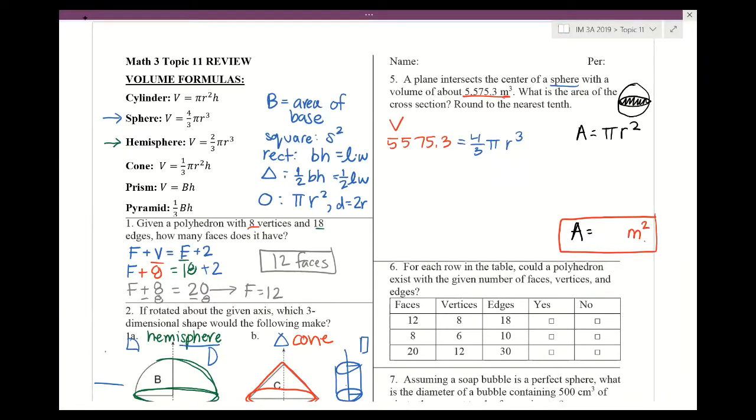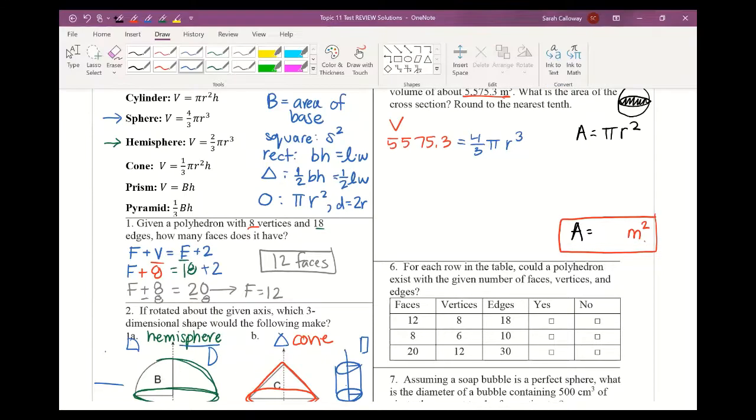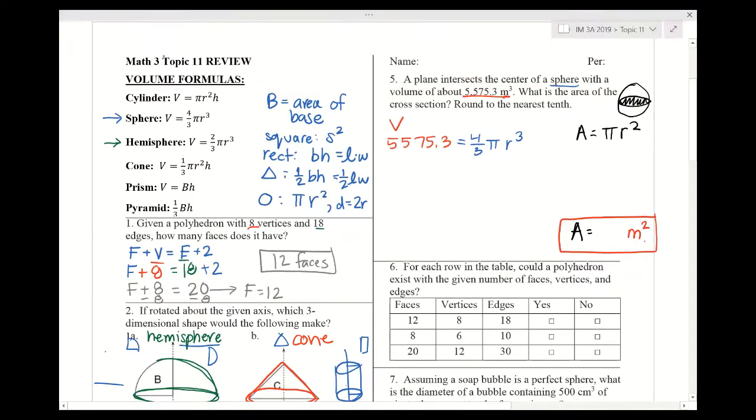I'm going to divide both sides by pi. And so if I divide both sides by pi, this time what's going to happen is that it only cancels on the side that I'm moving it away from the r. It doesn't cancel with the 5,000 because that's a decimal value, not a product of pi.